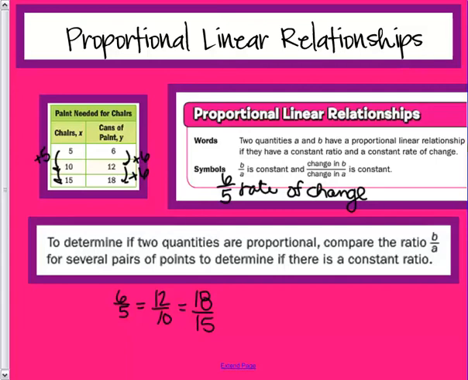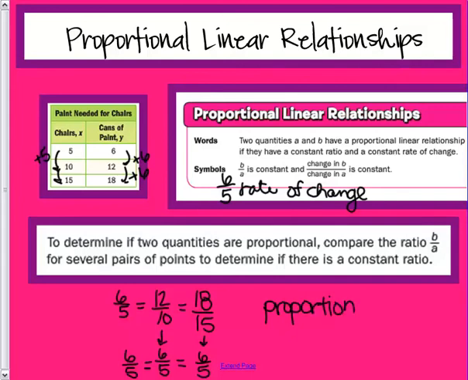Well, the way that we can do that is we can simplify these fractions. 12 and 10 share a 2 in common, so 6/5. 18 and 15 share a 3 in common, so 18 divided by 3 is 6, 15 divided by 3 is 5. Are all of these then equivalent ratios? The answer is yes, so this is a proportional relationship.